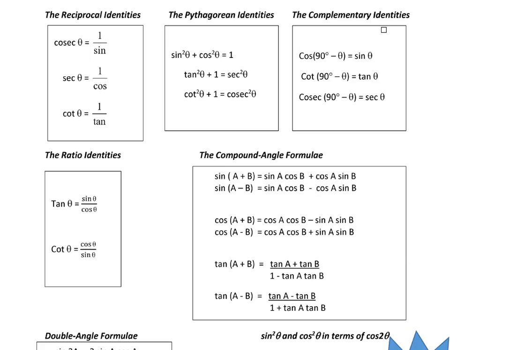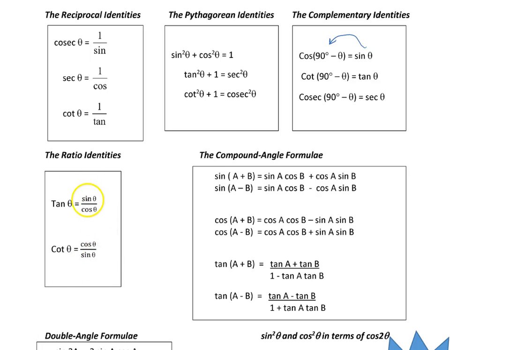It's not so obvious sometimes to know when to do the reverse of this. Why would I replace sine of theta with cos of 90 minus theta? Why would I use this identity in reverse? Well, that would only be because I'm heading towards getting a 90 minus theta in maybe a proof question.